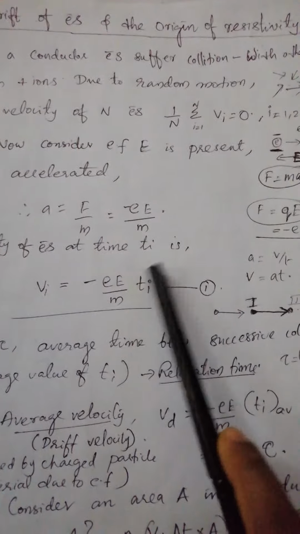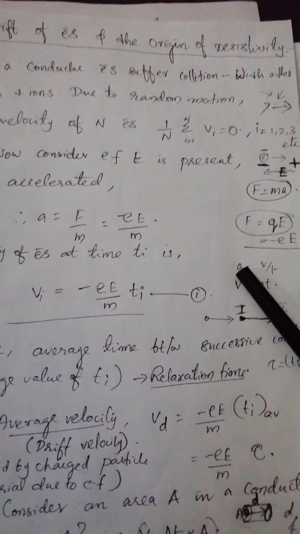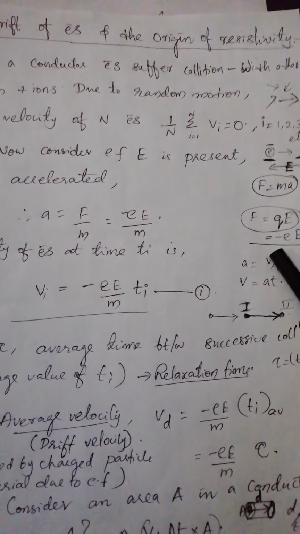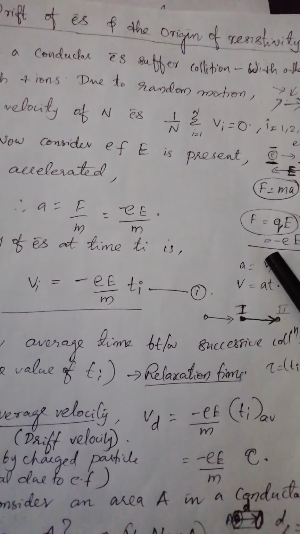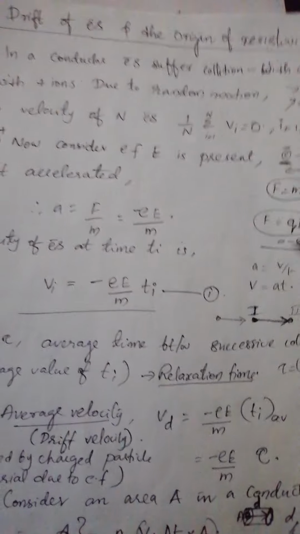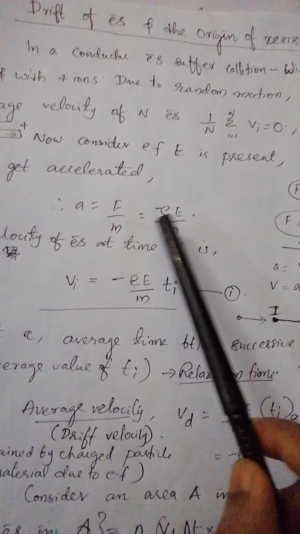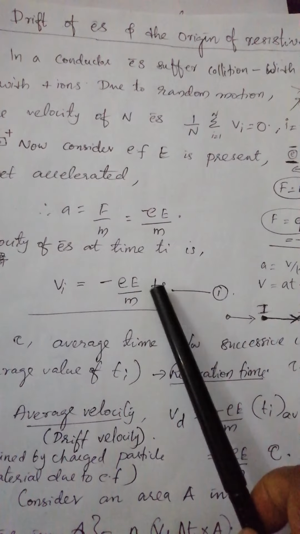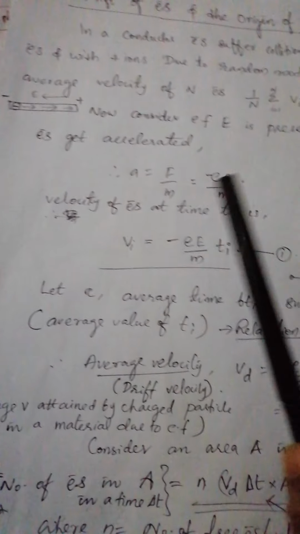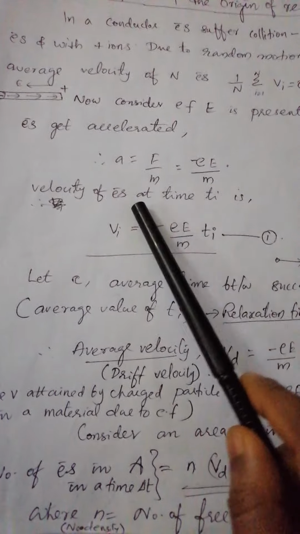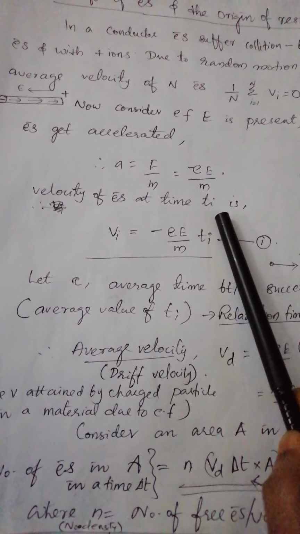How are we getting this? We know acceleration is equal to velocity divided by time. That's why we can write velocity is equal to acceleration into time. So here acceleration is eE by m into ti. So this is the velocity of an electron at any time ti.